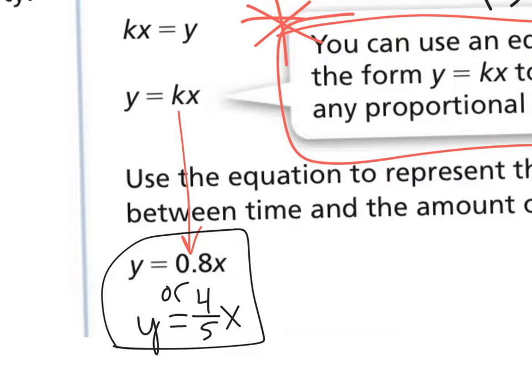If they kept asking all these different questions, if I have this equation, all I have to do is multiply 8/10 times how many hours, and that would find my answer for me. Okay? And again, it does kind of go back to that unit rate idea. You know, some of you guys, we could probably work through and figure this out without technically having an equation, but if they say write an equation, we have to write an equation.